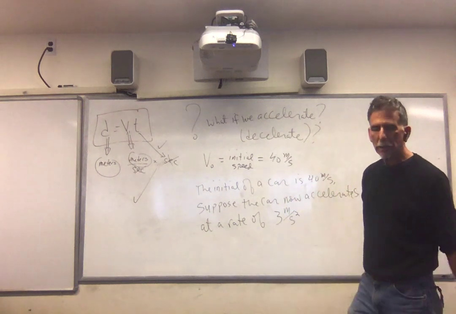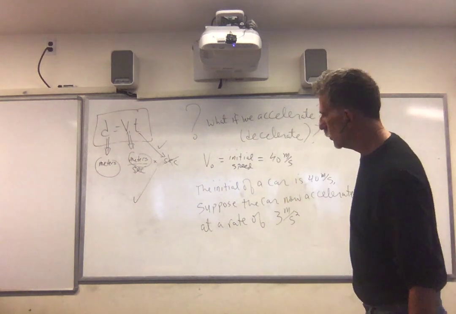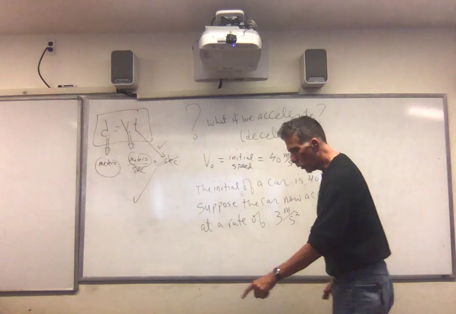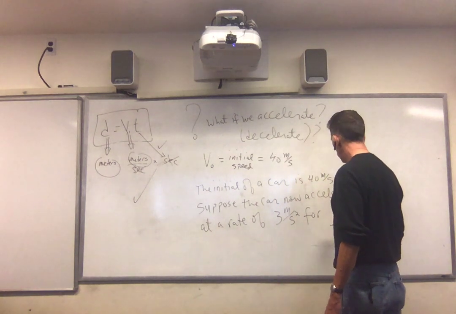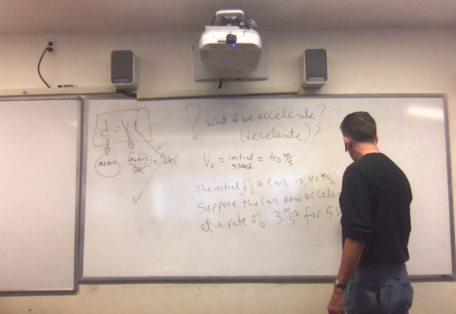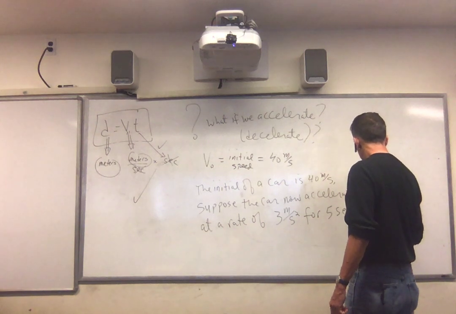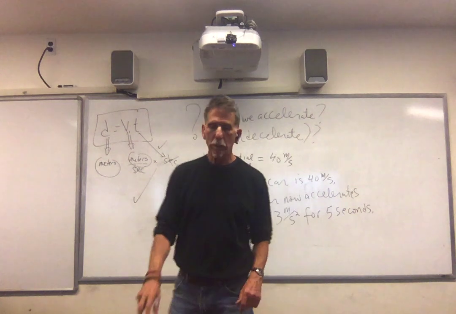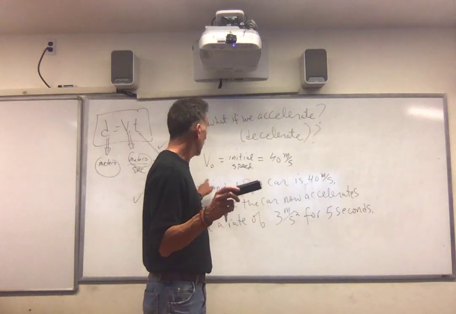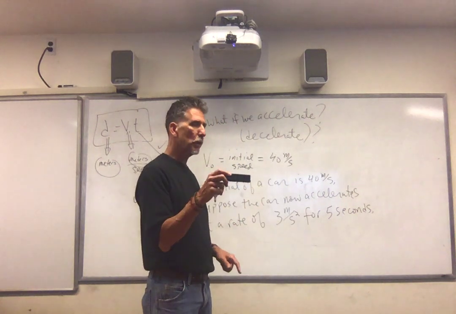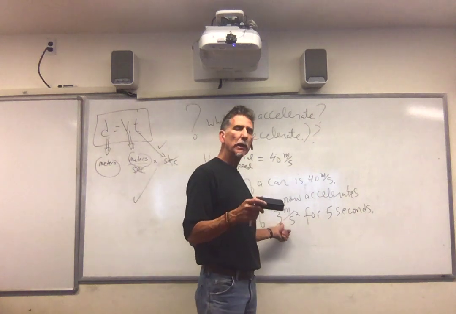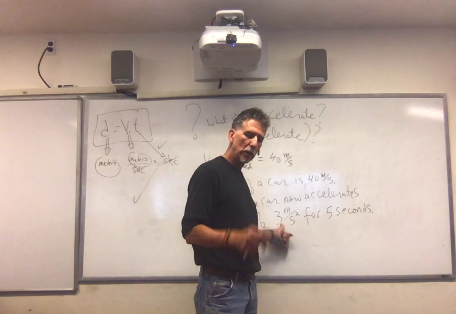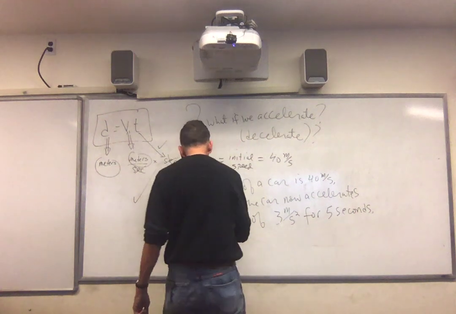We go at an acceleration of 3 meters per second squared. For how long? How long are you stepping on the accelerator? For, let's say, 5 seconds. Okay, so here's the deal. We're in the car, we're going at the initial speed of 40 meters per second. Now, for 5 seconds, we accelerate at a rate of 3 meters per second squared. So the question is, what is our new speed?